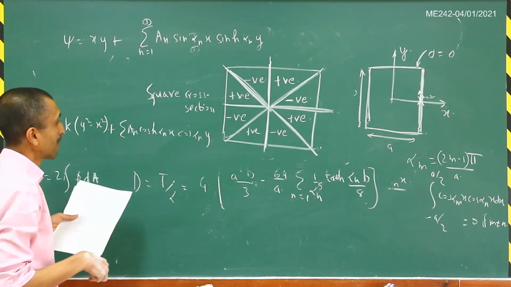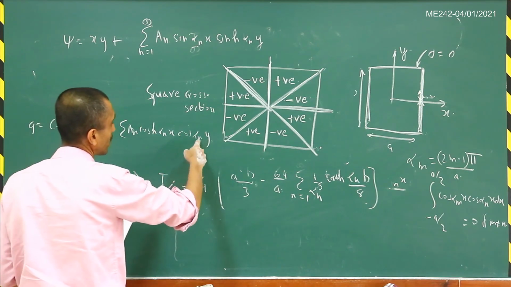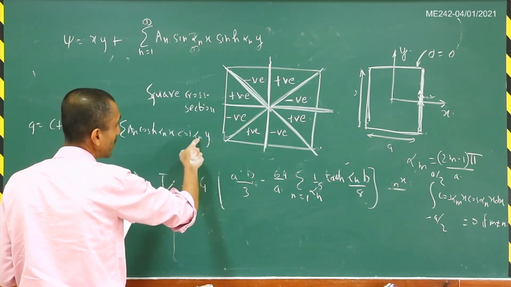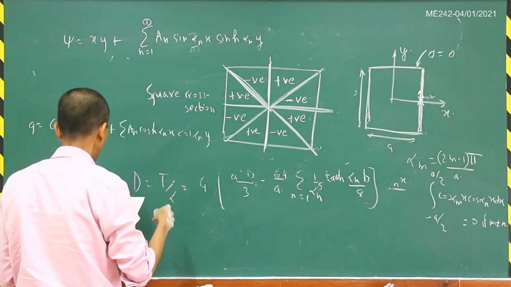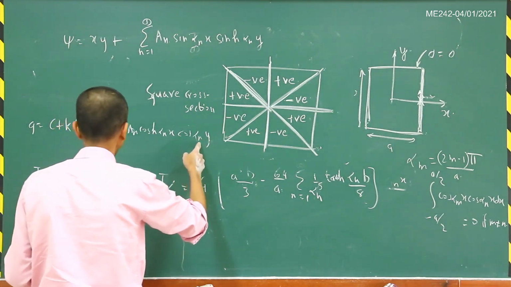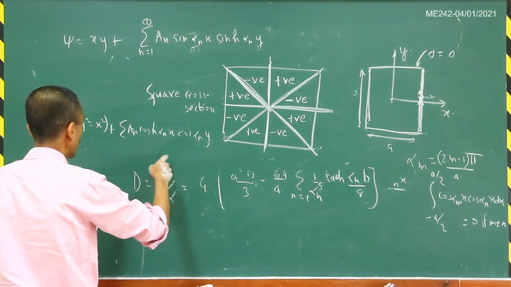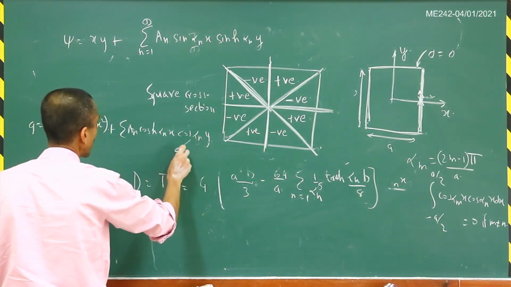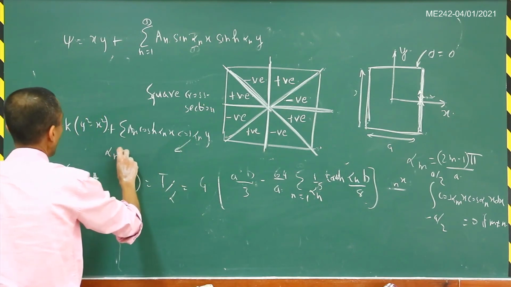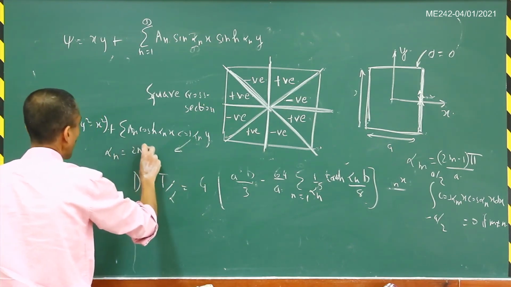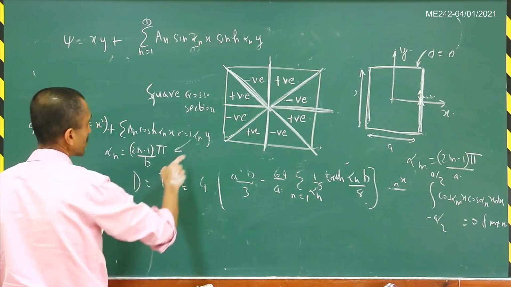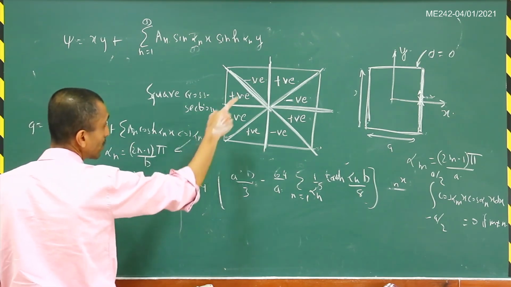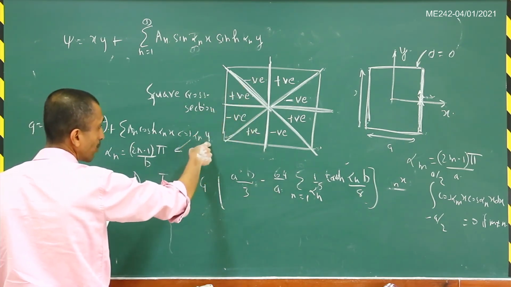Because in that particular case, you will choose the alpha_n such that it vanishes on y equal to plus or minus b. So earlier we took the choice as (2n minus 1) pi by 8. In this particular case, you will choose your alpha_n to be equal to (2n minus 1) pi by b, because we want it to vanish on the edges y equal to plus or minus b.